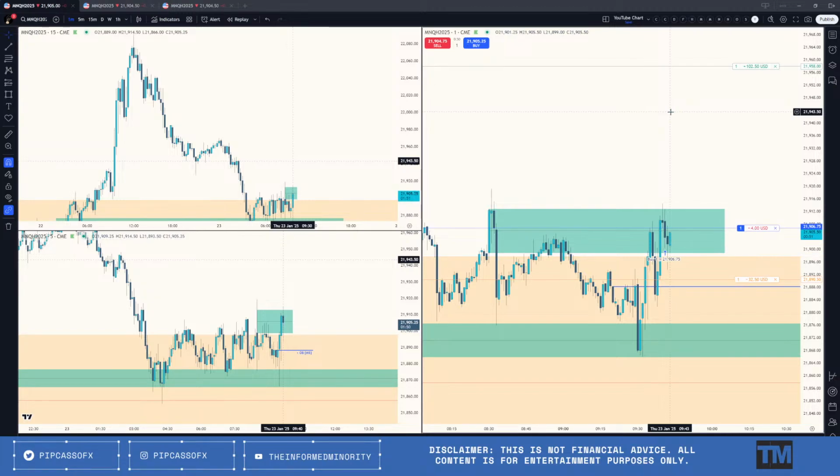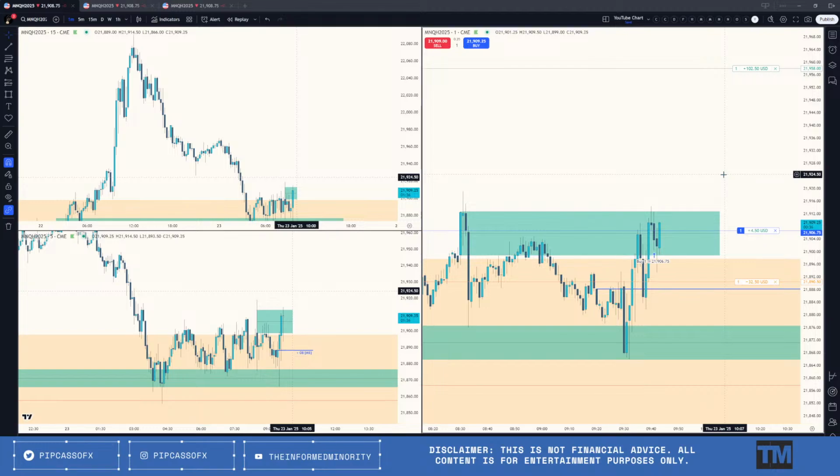But yeah, so what I'm looking for. I do like how we hit the top end of it. And right now the bodies, again, we're closing and staying inside. That is what I like to see, but we'll see what we get there. I do like how we had this almost immediate rebalance. We traded above. There's this order block there, so I want to see some follow through here.